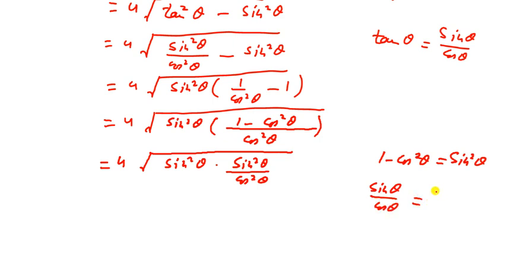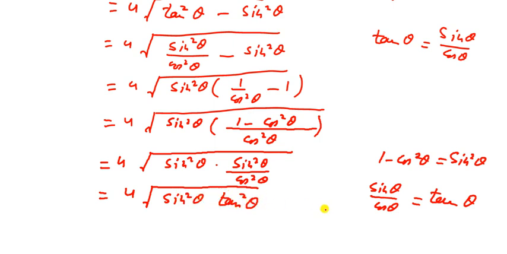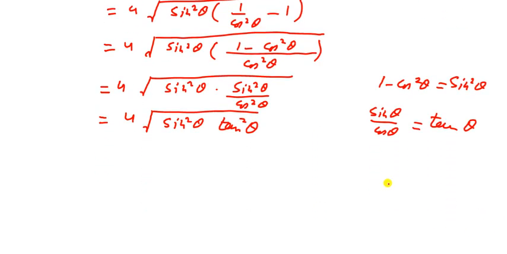But sin theta upon cos theta is equal to tan theta. So you can write here 4 under root of sin square theta and tan square theta. So it becomes 4 sin theta and tan theta.